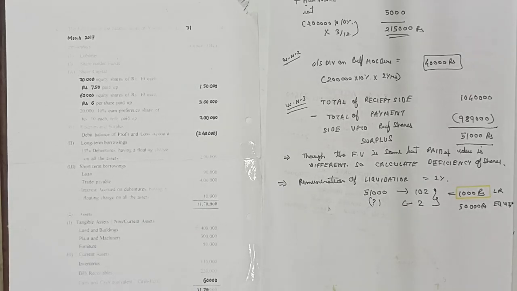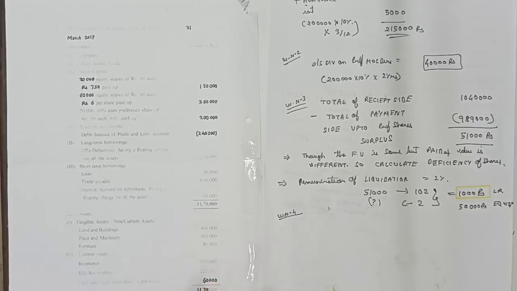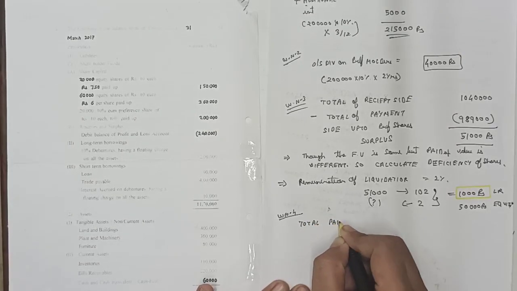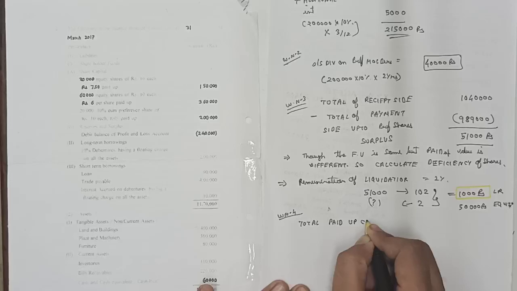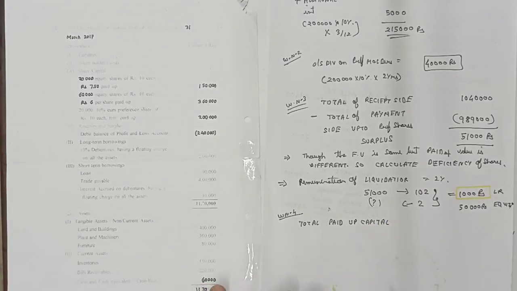So come to your working note number 4. In that, the very first thing you need to find out is how much is the total paid up capital, so that you can find out the deficiency. Total paid up capital, students, includes both the shares.